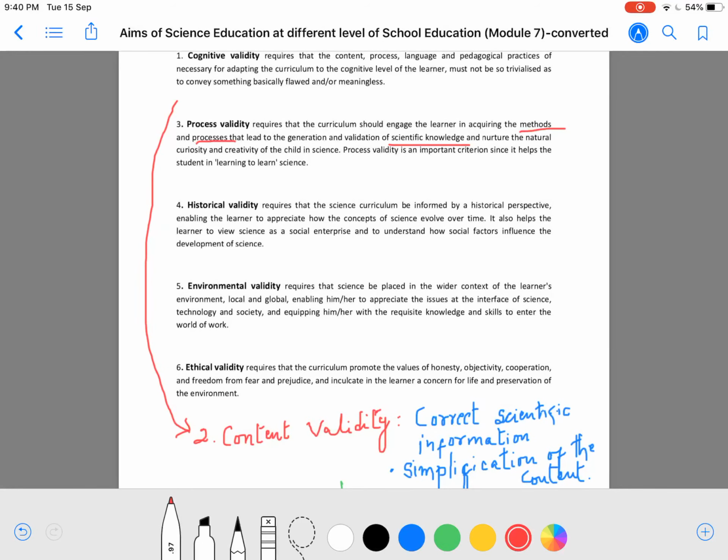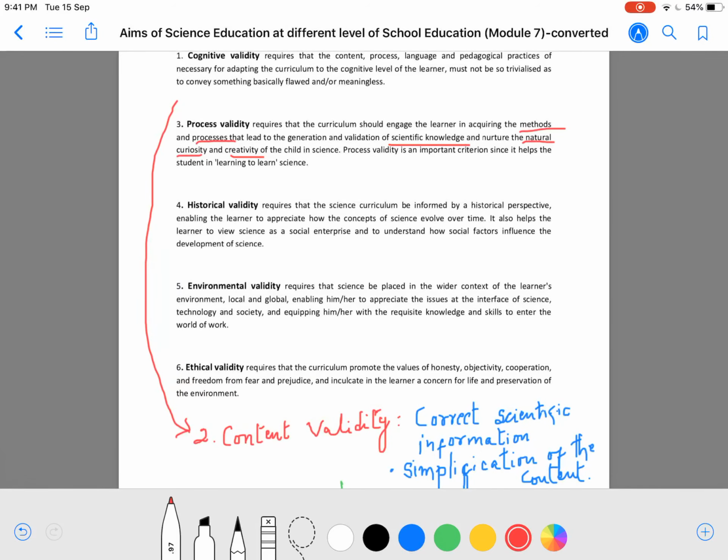And it must nurture the natural curiosity and creativity of the child. So process validity should give lots of varieties of methods and processes for generation of scientific knowledge, plus to do the validation of the scientific knowledge also.